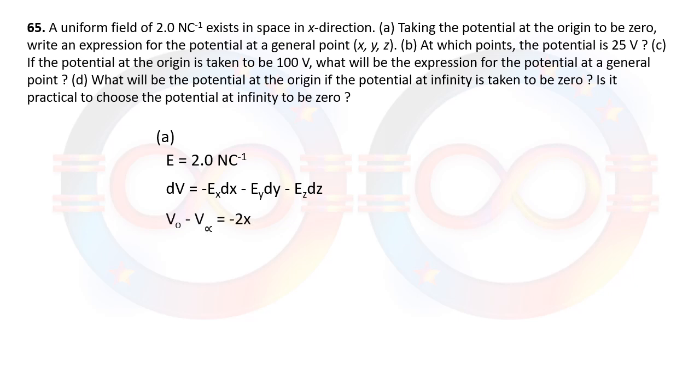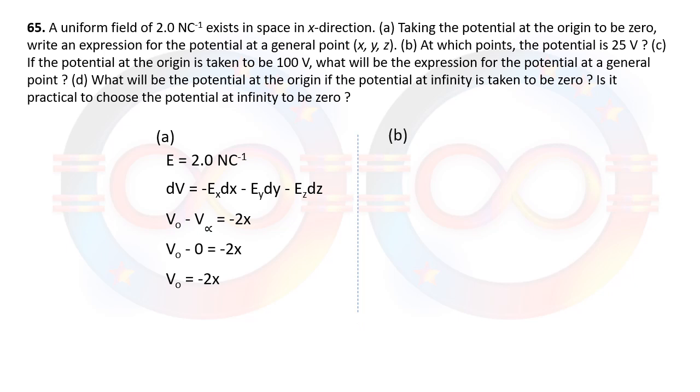So it would be like V origin minus V infinity is equal to minus 2, that is Ex, into dx, would be x on integrating it, or if you are taking distance as x. Ey dy and Ez dz would be negligible over here. Now at infinity the electric potential is given 0, so at origin it will be minus 2x. That is the expression we can use.